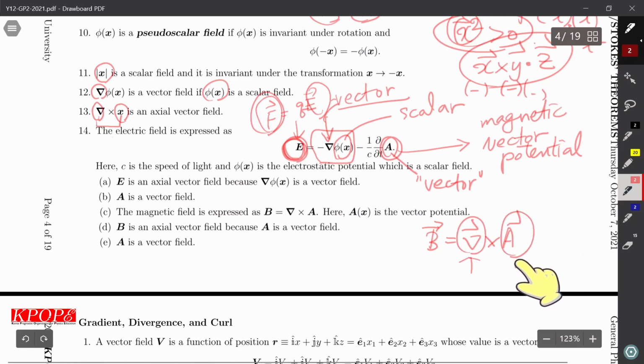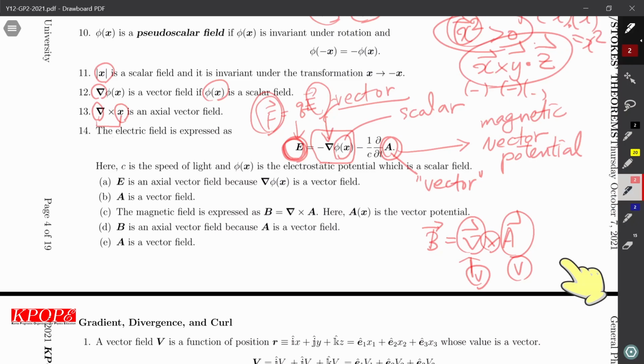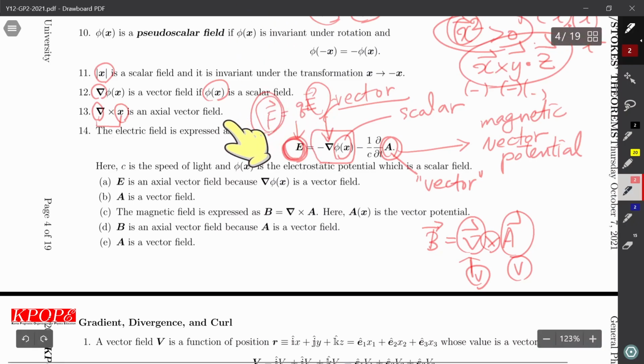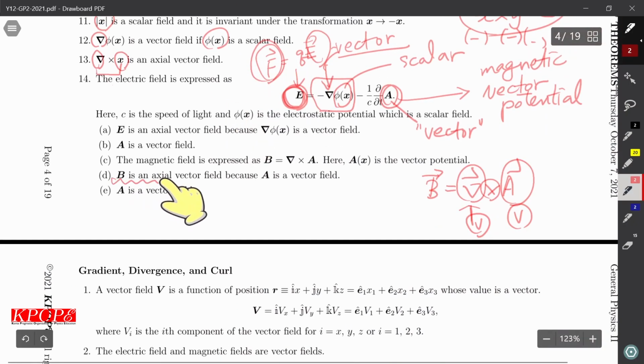The cross product of two vectors is an axial vector. So B, the magnetic field, is an axial vector, and A is a vector.